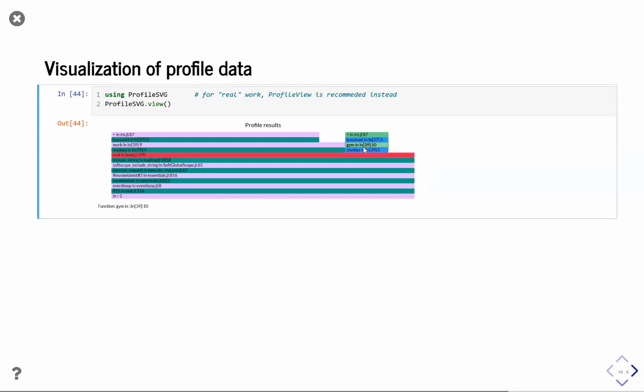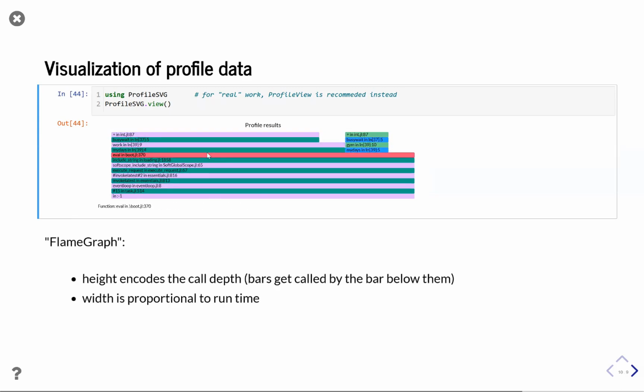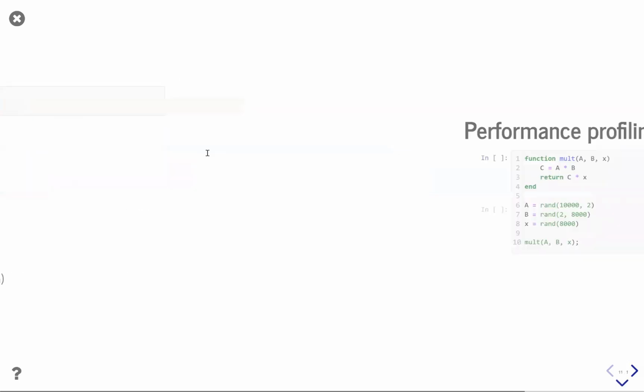And likewise here with gym also. So you can see that this profiling information gives you a measure where the width is proportional to how much time each particular line takes, and the call depth is on the vertical axis.